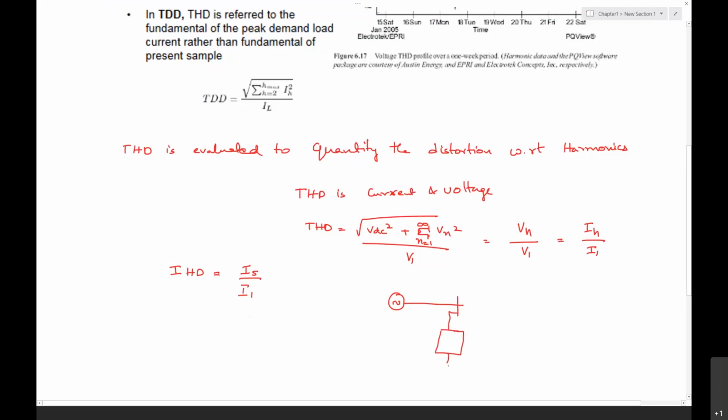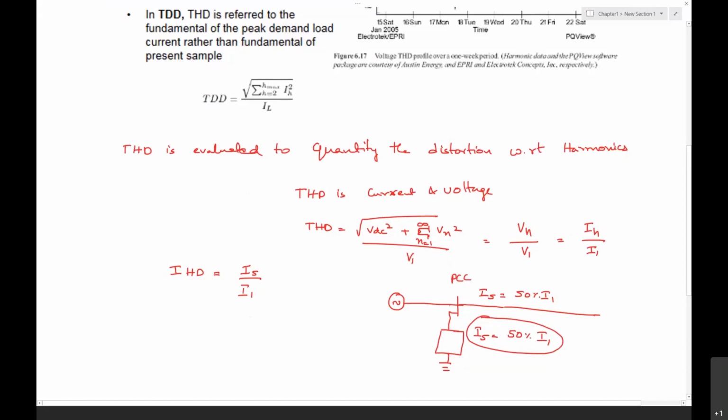If you take 1 per unit, the fifth harmonic current allowed is around 50% of the fundamental current. So they prescribe that whatever load you connect, the fifth harmonic current can be up to 50% of the fundamental current. The load is connected at a point of common coupling.